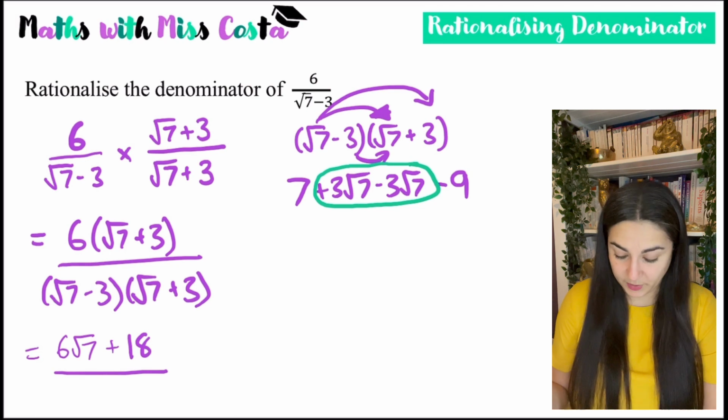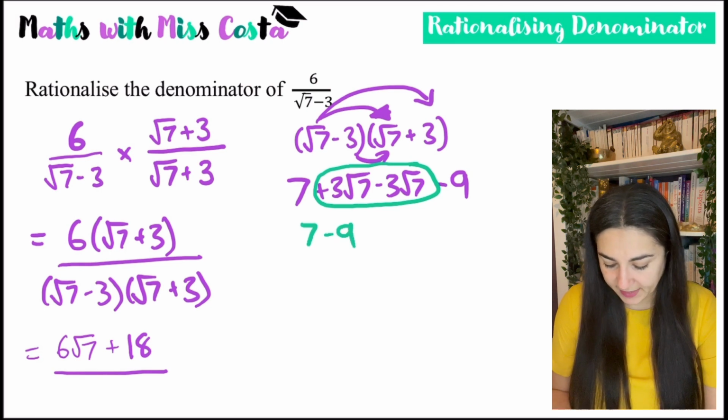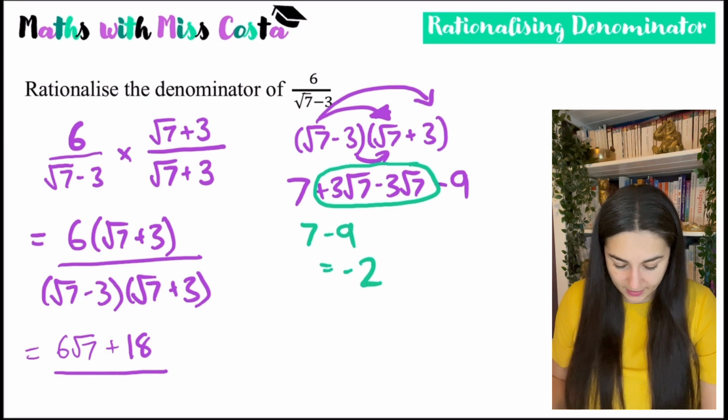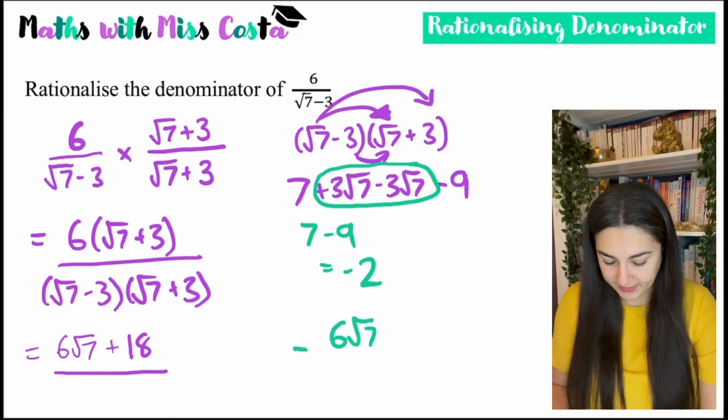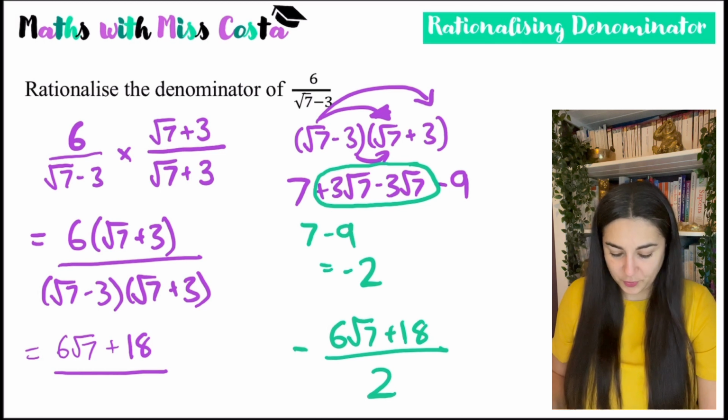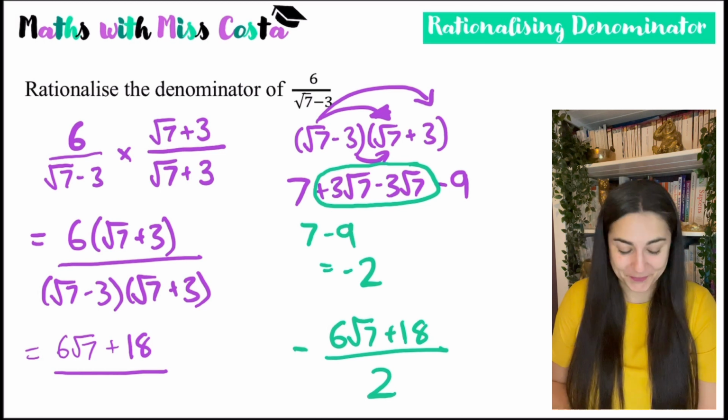It's just one is positive, one is negative. So I'd just be left with 7 take 9, which is negative 2. So I would be left with negative 6 root 7 plus 18 over 2. Not the nicest looking thing, but that's all you do.